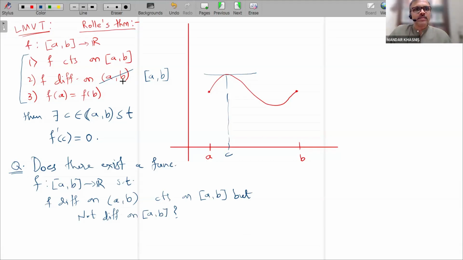Then only this will make some sense, that instead of writing closed AB, we are writing open AB. Because there are some functions which, if we write closed AB, are going to be thrown out from applying Rolle's theorem.